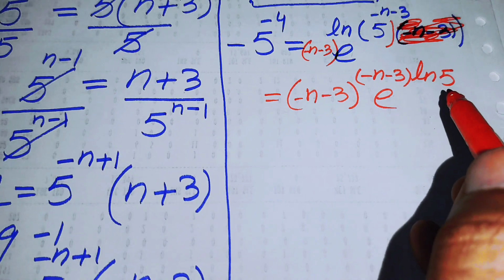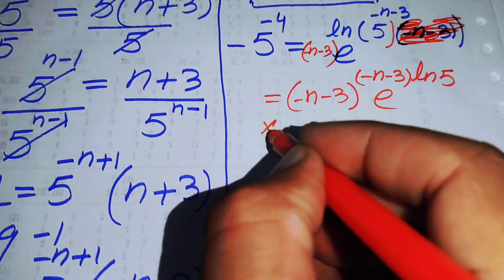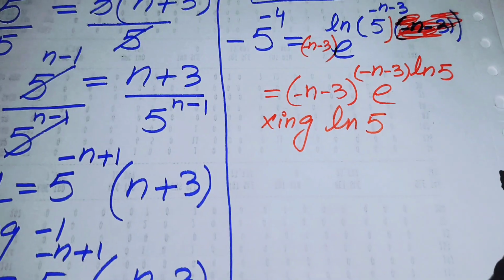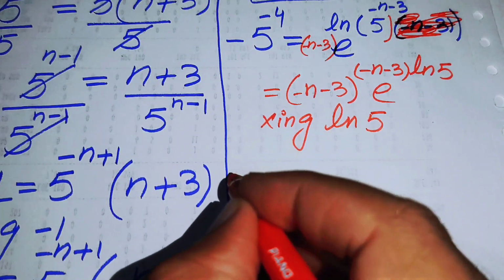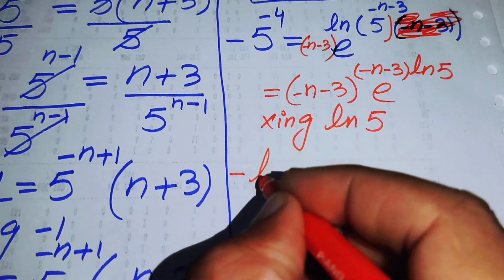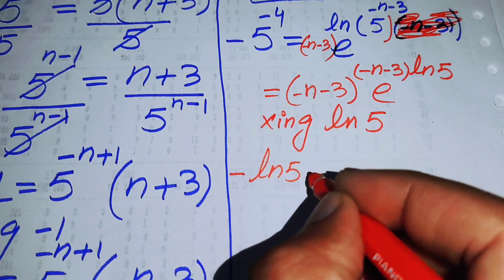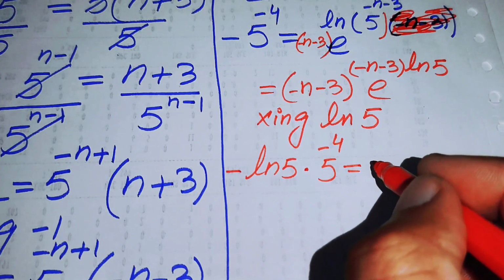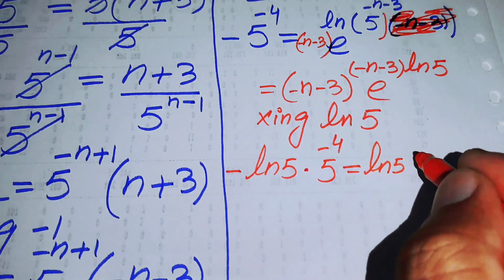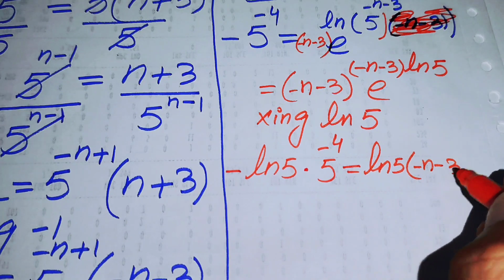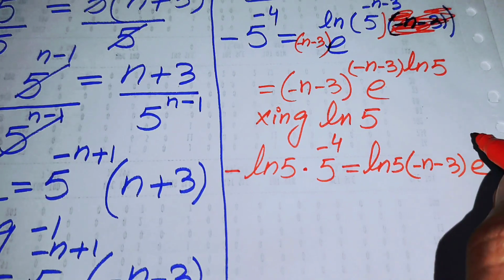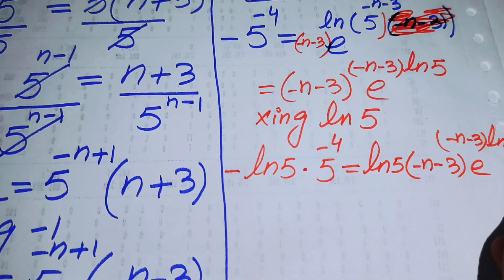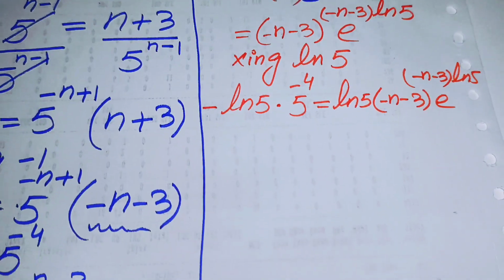So here we need to multiply log 5 on both sides, and you will get minus log 5 multiplied by 5 to the power of minus 4 is equal to log 5 into minus n minus 3 and e to the power of minus n minus 3 into log 5.